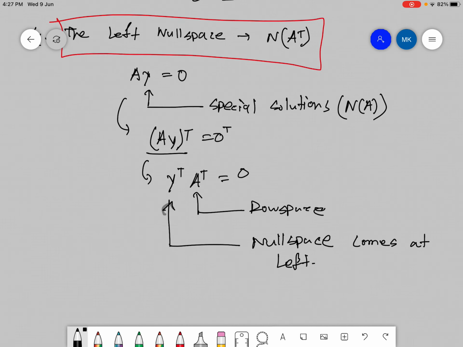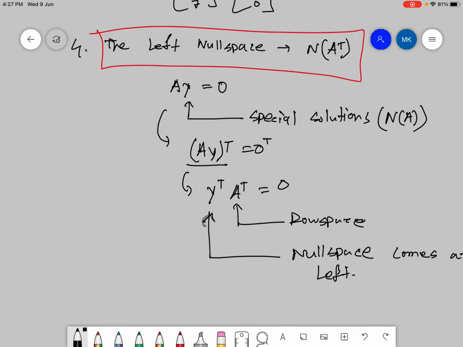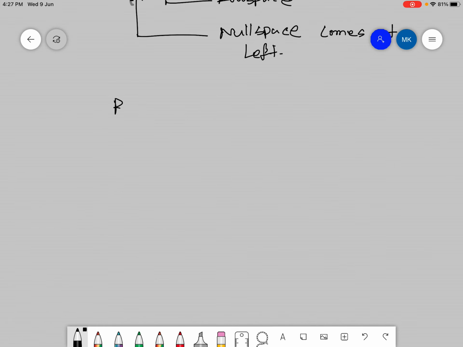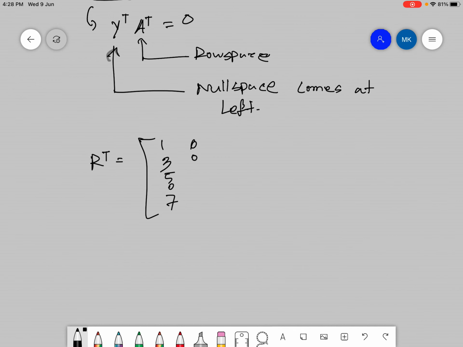So if you have R transpose equals to, you already know what is R transpose, so 1 3 5 0 7, then 0 0 0 1 0, and 0 0 0 0 0. So what is the null space here?